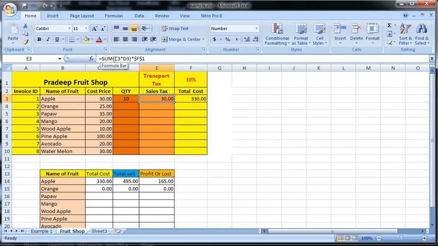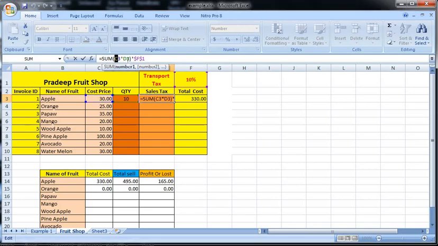I have mentioned to multiply the value of C3, the cost price, into D3, the quantity. So I get the value of 10 multiplied by 30, which is 300. From 300, multiply the absolute cell reference of F1, that is 10%.